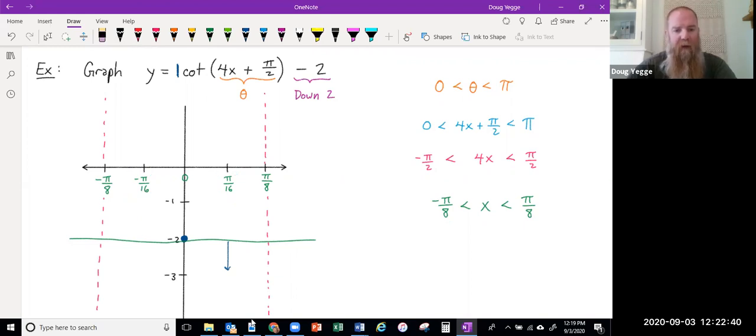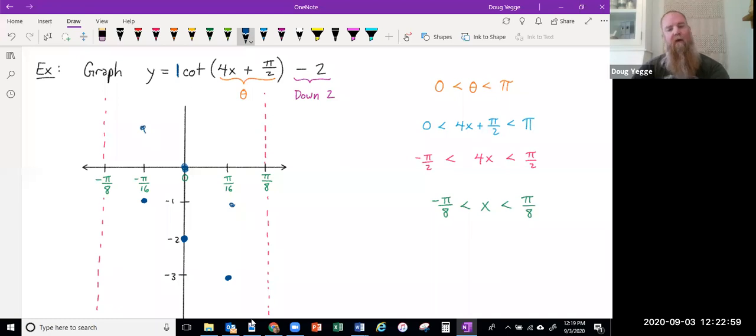And so now when we plot these, I can plot negative pi over 16 at -1, and I can plot pi over 16 at -3. So this is what allowed us to shift this graph down where it used to be at these points. Now it's shifted down 2.